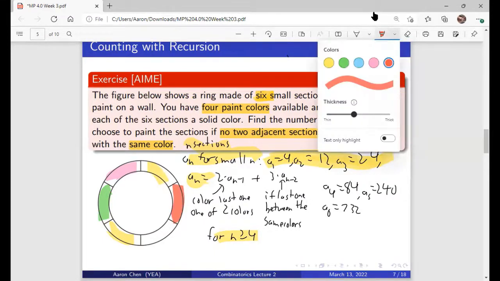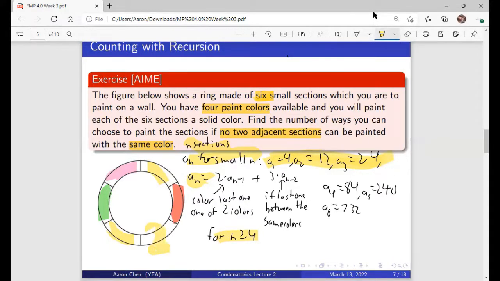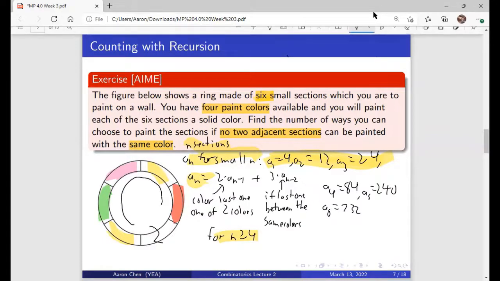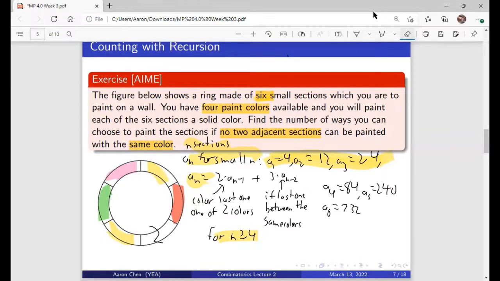So in this case, there are 2 choices for what can go here, and they are blue or pink. And so now the number of ways to do this is simply a_{n-1}. And then after that, we need to multiply by 2.